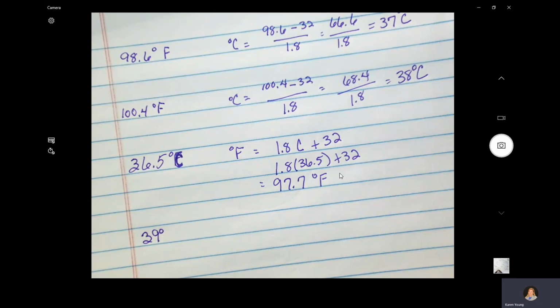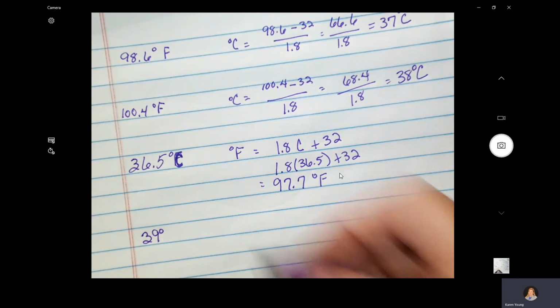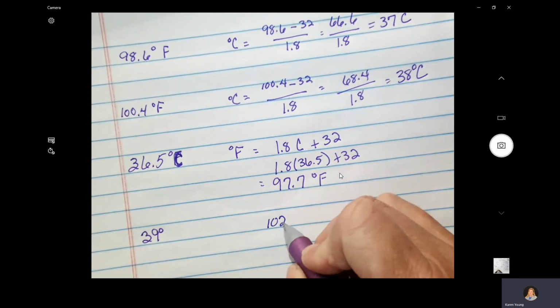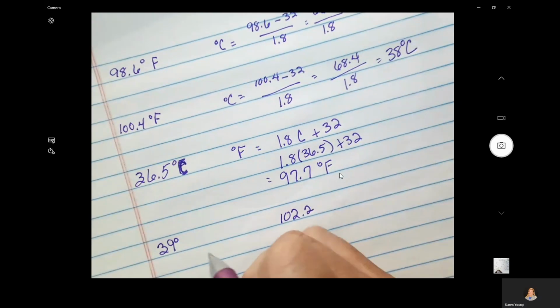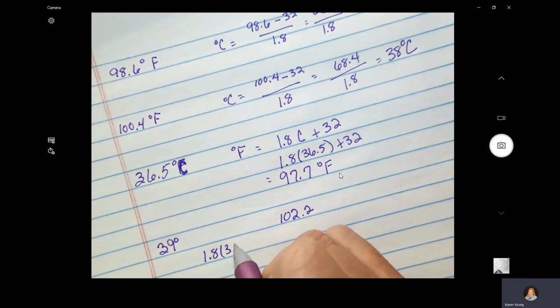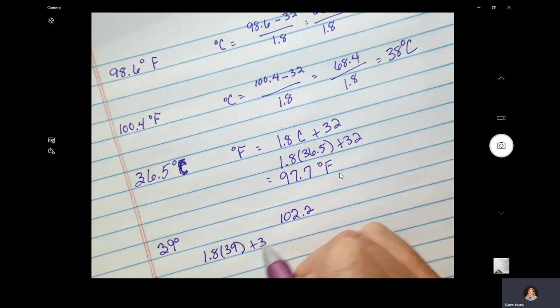I'm waiting on y'all to figure it out. 101? You got 101? Let me try this again. I got 102.2 both times I did it. So 1.8 times 39 plus the 32.